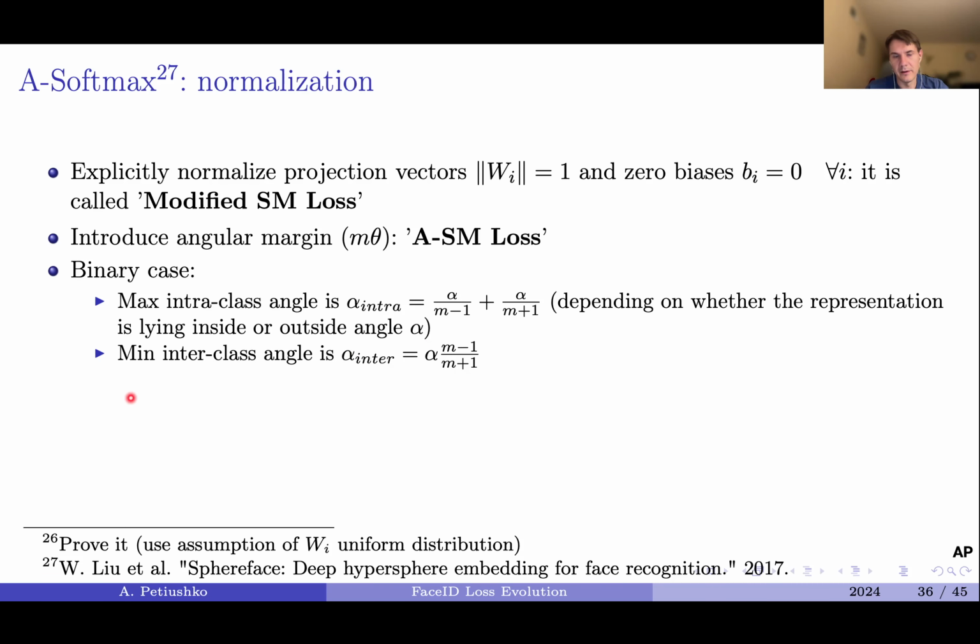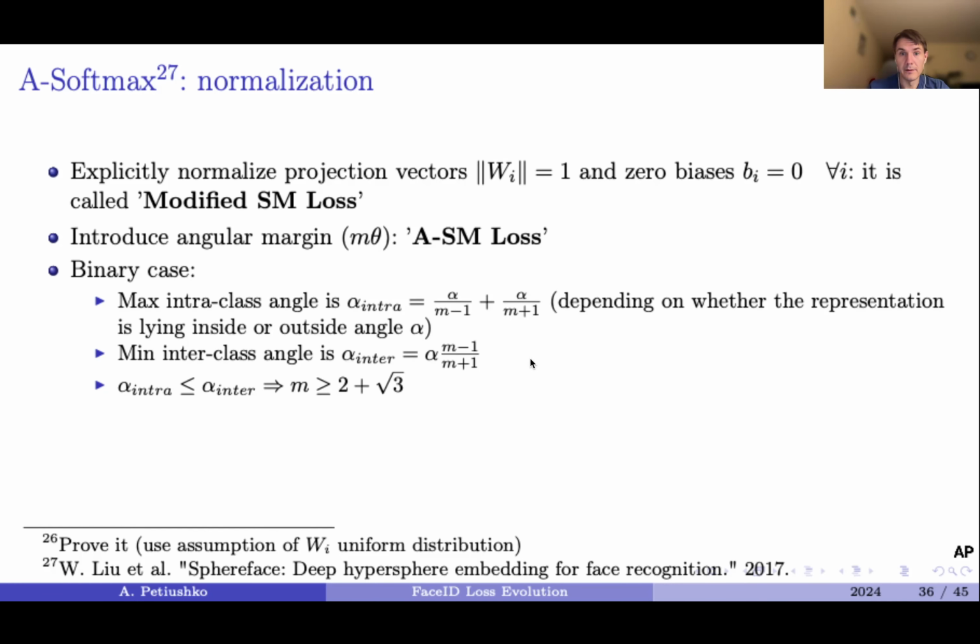And we already calculated the minimum inter-class angle alpha_m equals alpha multiplied by (m minus 1) divided by (m plus 1). Using this and this, you can replace and find out that m should be greater than or equal to plus square root of 3.